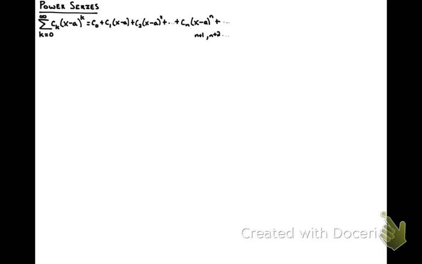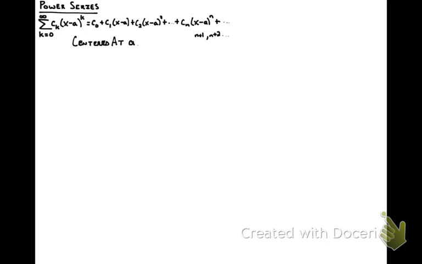Now this particular power series is said to be centered at the value of a. Basically what that means is that our series can match up with another function, potentially, and it begins to match up at a specific x value, in this case a, and may continue to match up in either direction from a.